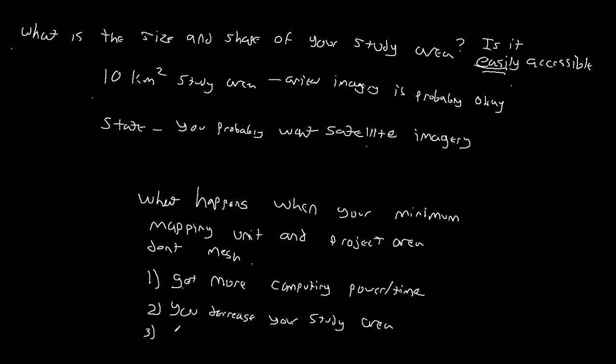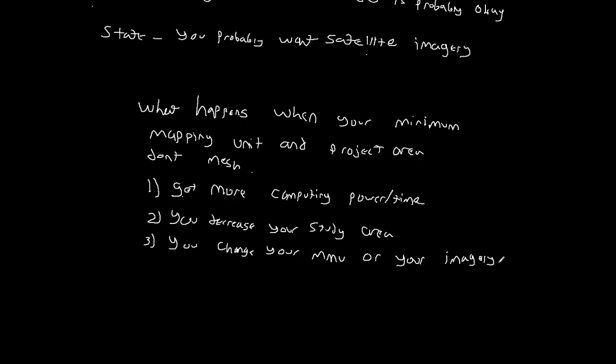Or three, you change your minimum mapping unit, your MMU, or your imagery. I'm going to slide down here just a little bit so that it's not so close to the bottom of the screen. You go back and you think about your question, and you say, is it even feasible realistically, given what I have, to map every single tree crown in the state of New York?